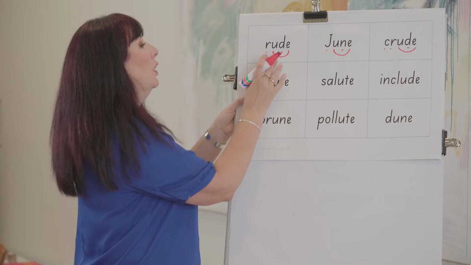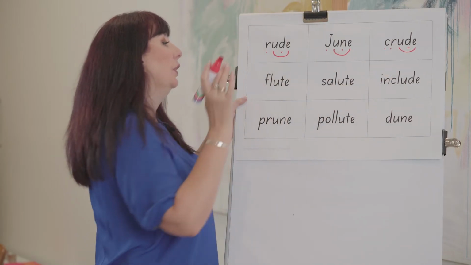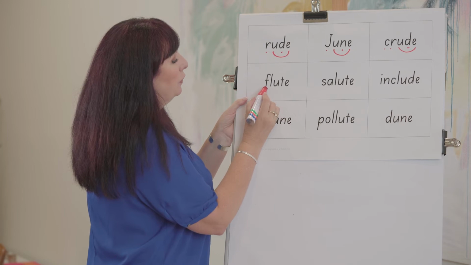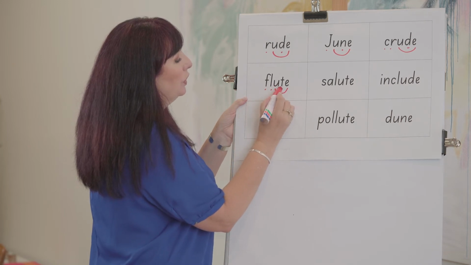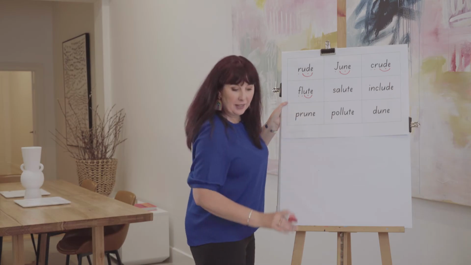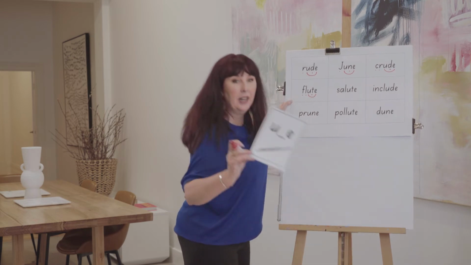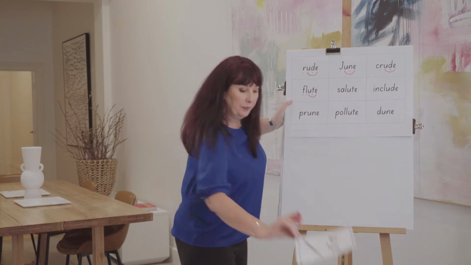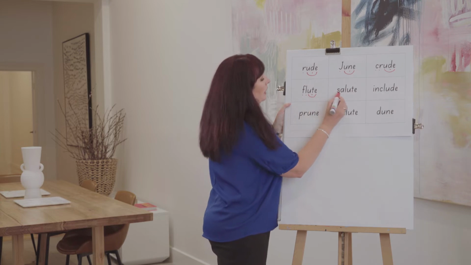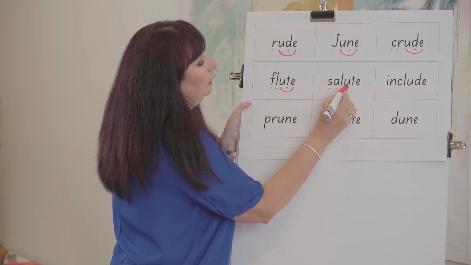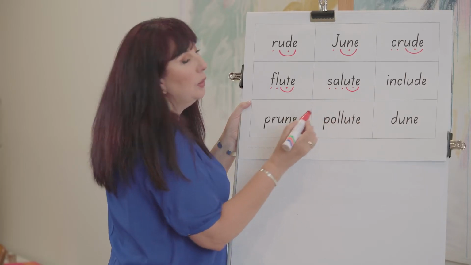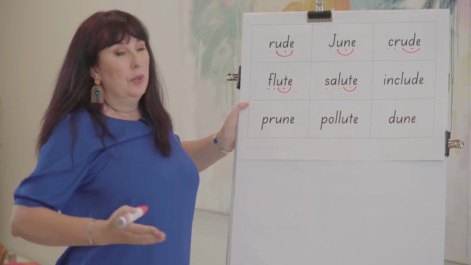Let's read them quickly. Rude, June, crude. Next row. Oot, flute. That's our key word on our card, isn't it? Flute. Look at our next word. Oot, salute. Salute. Good job.